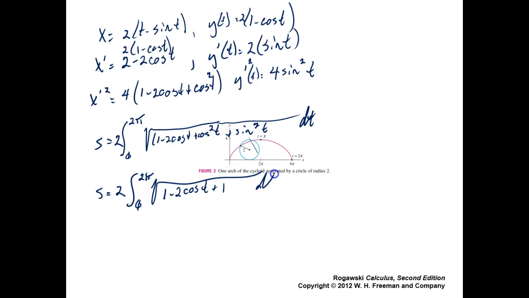And then you got a dt, not under the radical, okay? So this S is now 2 times the integral from 0 to 2 pi of the square root of 2 minus 2 cosine t dt.